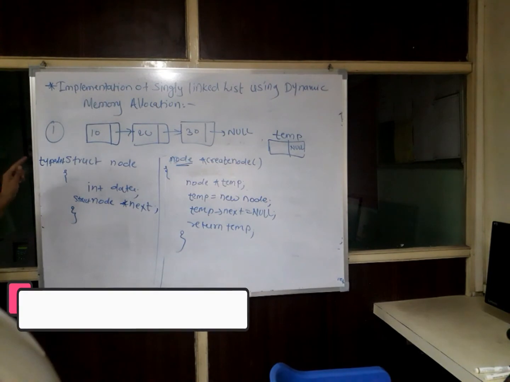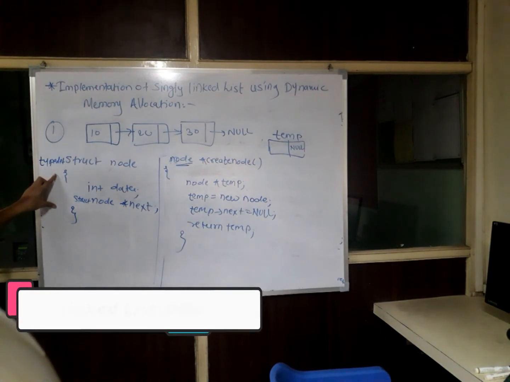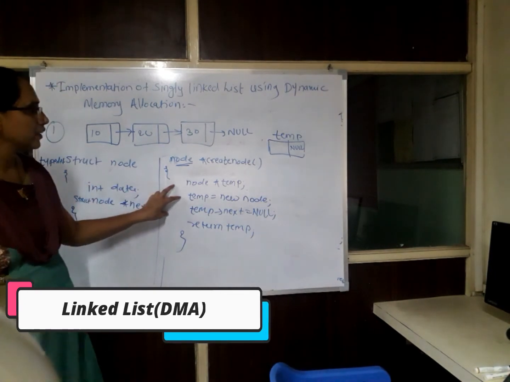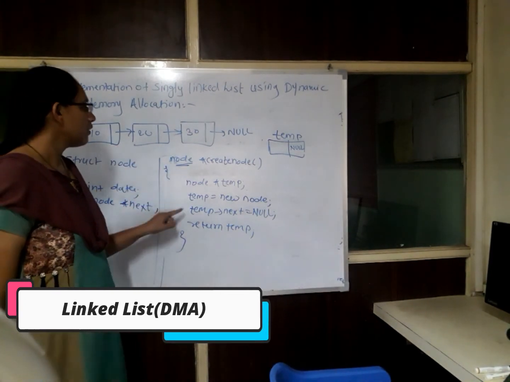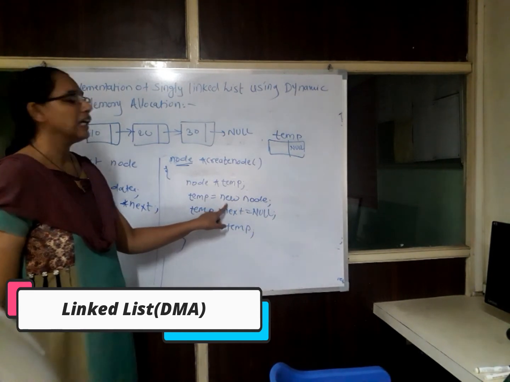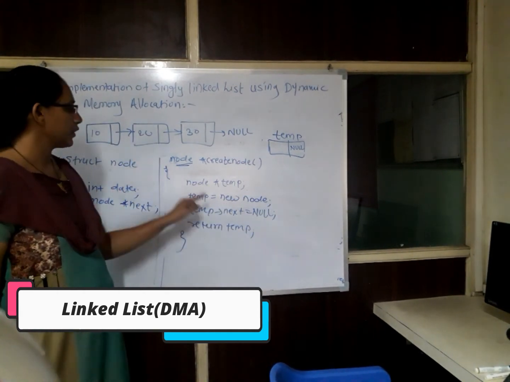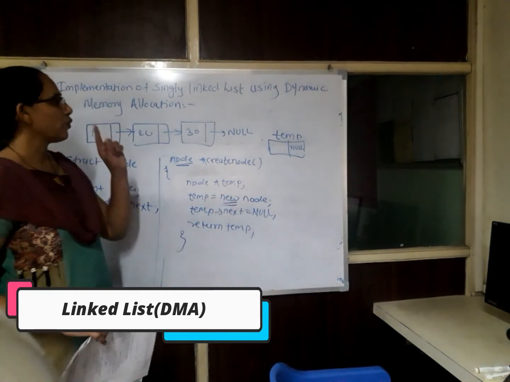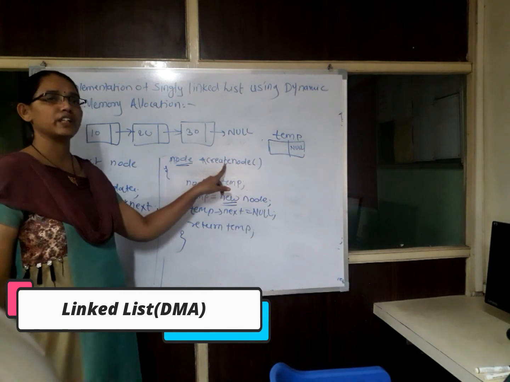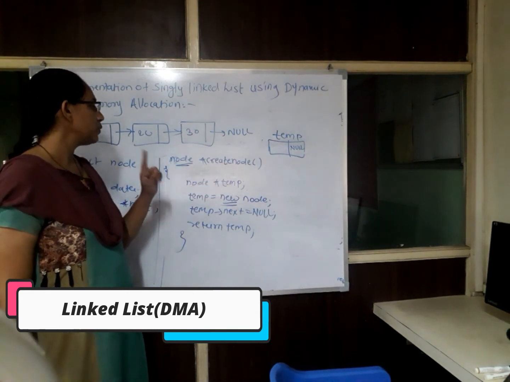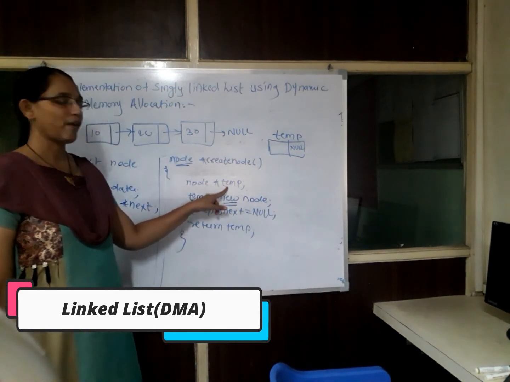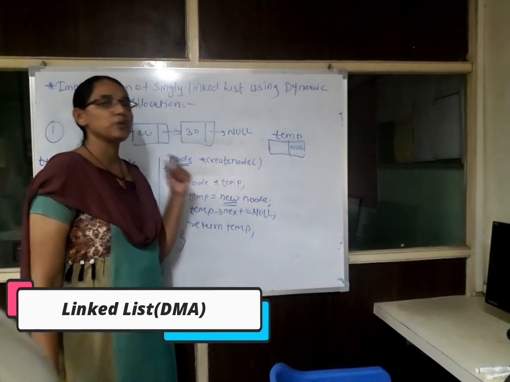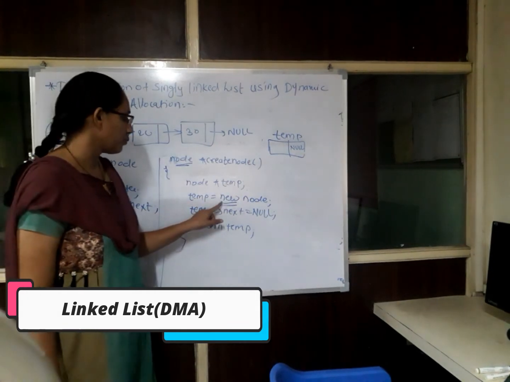This is for declaring the structure of a node in the list and how to create a single node of the list by using dynamic memory allocation, that is by using the new operator. So every time you want to create a node, you can call the function createnode. This function will create one pointer variable, and in that pointer variable the address of the new node will get stored by using the new operator.